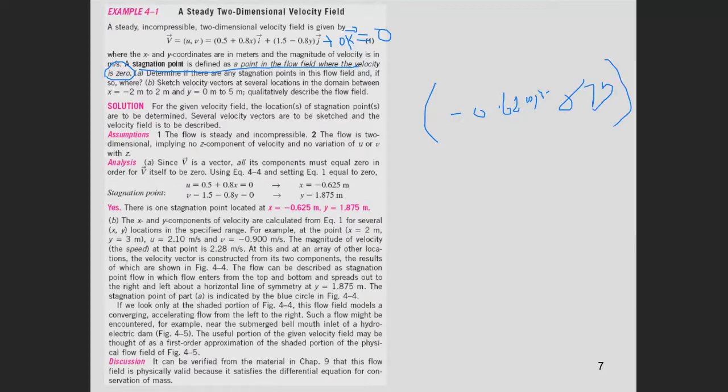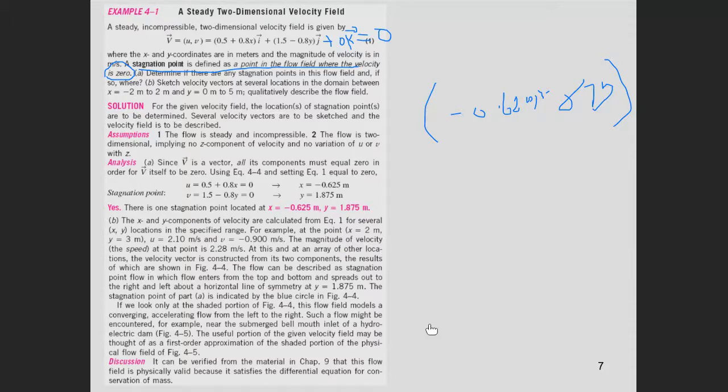Because if there is no stagnation point, we will not get x and y values. But indeed, when we assume there is a stagnation point and we equate the velocity to zero, we got a stagnation point at these coordinates. Okay? So here at this coordinate, the velocity comes to zero.